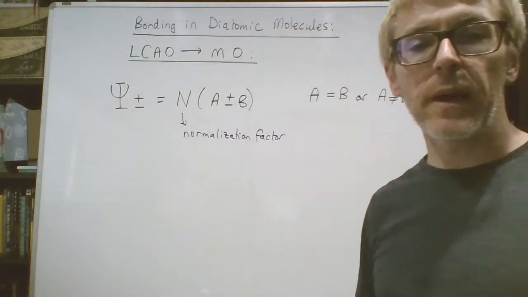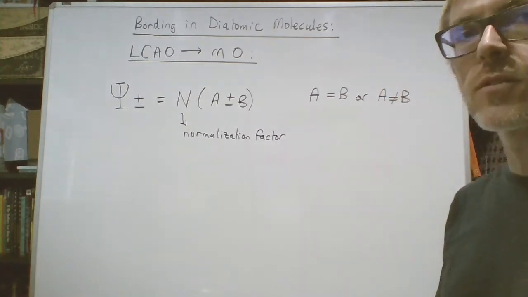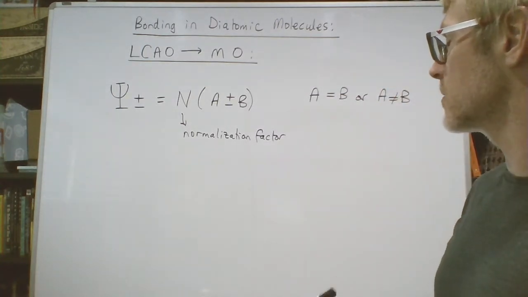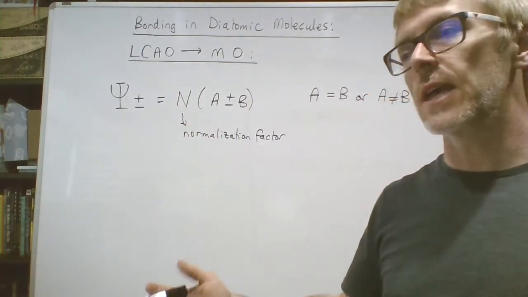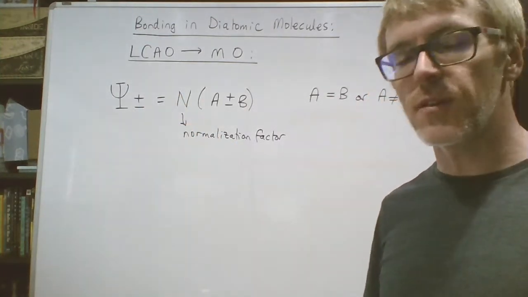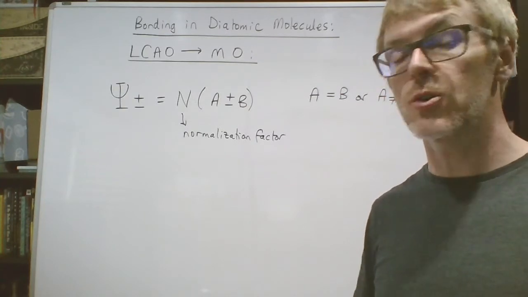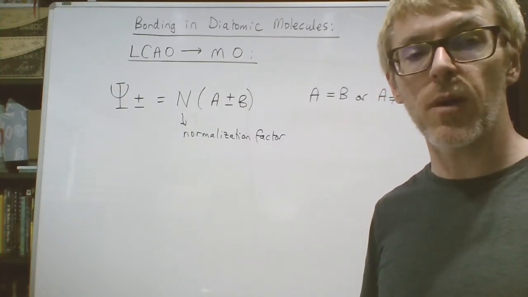If you recall back to the videos on the quantum mechanics chapters for general chemistry, we know that the wave function, when we take real world interpretations of it, we have to square it, and we interpret that as a probability.